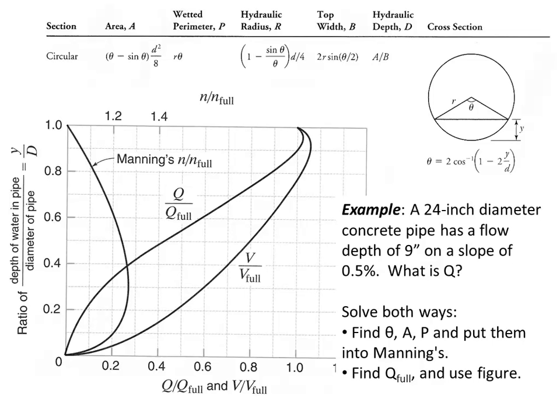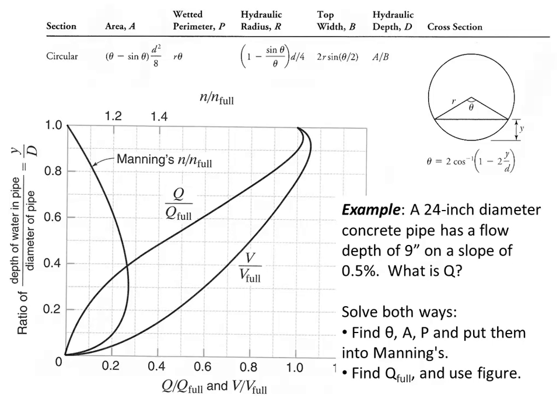Okay, so are there any questions on this first part where you find what the flow rate would be if the channel was full? You'll notice that I made the substitution of hydraulic radius is just diameter divided by 4. We can make that substitution when the pipe is full. That the hydraulic radius, remember, area divided by wetted perimeter, and if the pipe is full, then it's just diameter divided by 4.